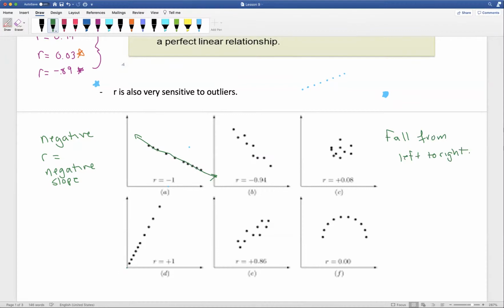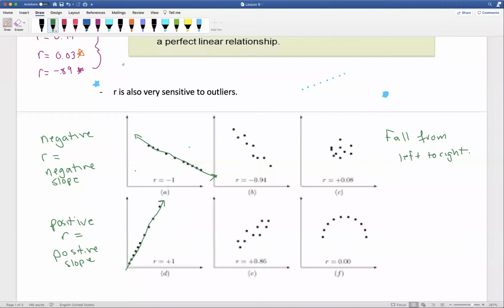If you have a bunch of ordered pairs, and if they increase from left to right, like this guy does, so that means we have a positive slope. That's the same thing as saying that we have a positive linear correlation coefficient.